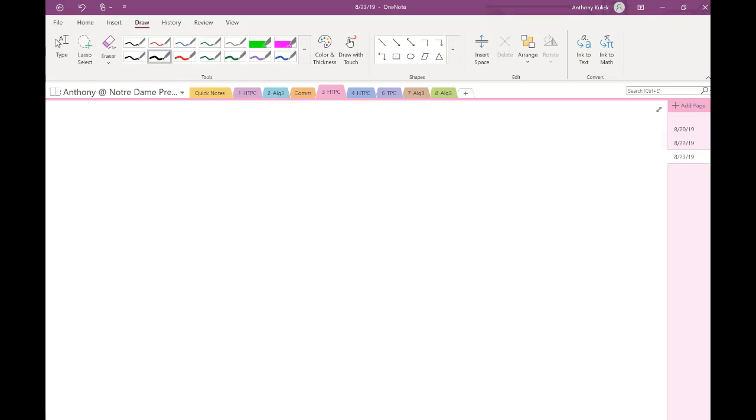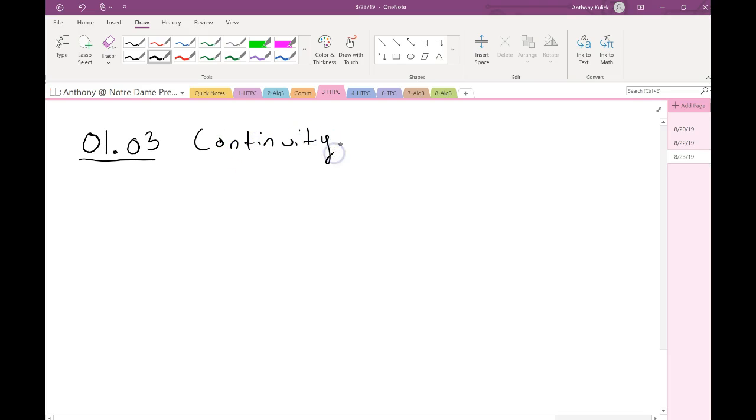So today we're going to continue talking about functions, and I'm going to talk about another property or descriptor that we can have for functions. That description or property is called continuity. And to do a thorough job of describing what I mean by continuous or continuity, we need to use calculus, which is beyond the scope of this class.